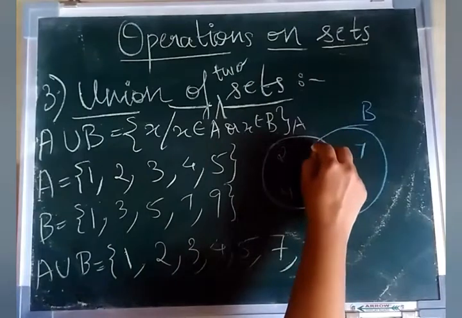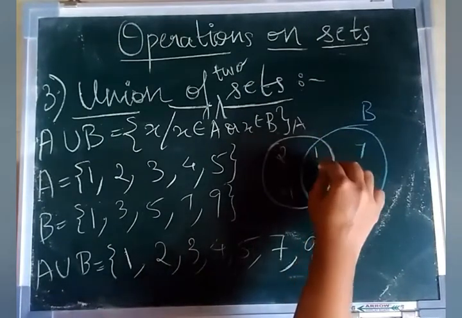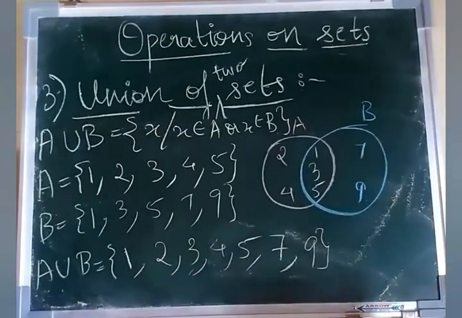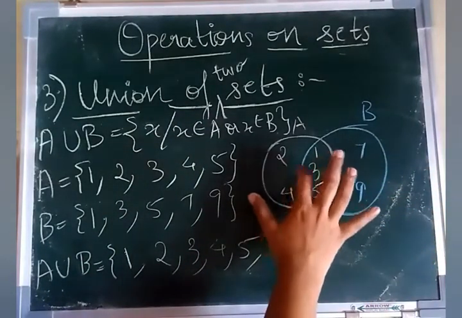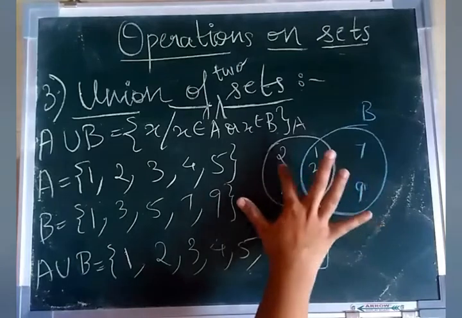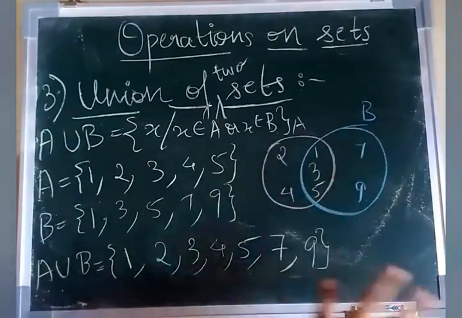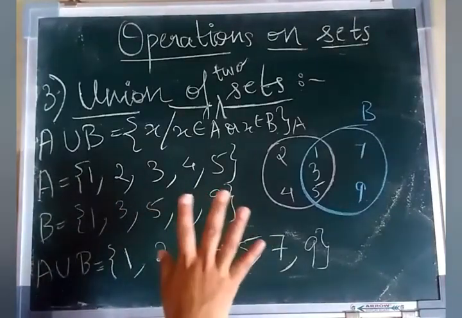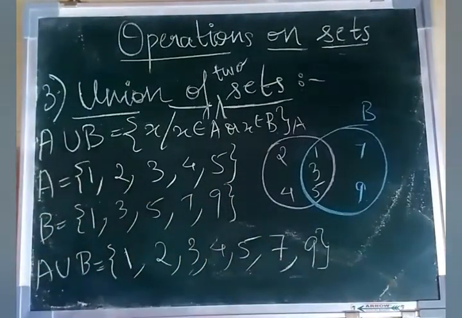So it is 1, 3 and 5. Okay. So we have to write all these elements once and form a set. So that is A union B. No repetition of any element is allowed. Okay. Clear? Now let's move on to the next topic.